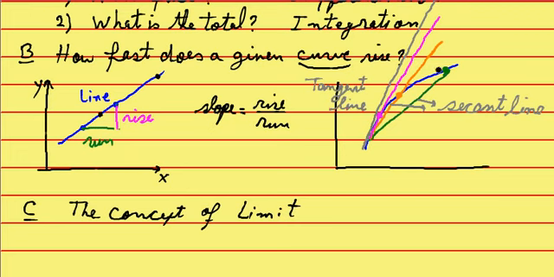We are sending this point closer to that one, and at the limit all these lines bunch up close to a certain line. Our limit line is just this tangent line, and the slope of that tangent line is the limit of slopes of these secant lines.